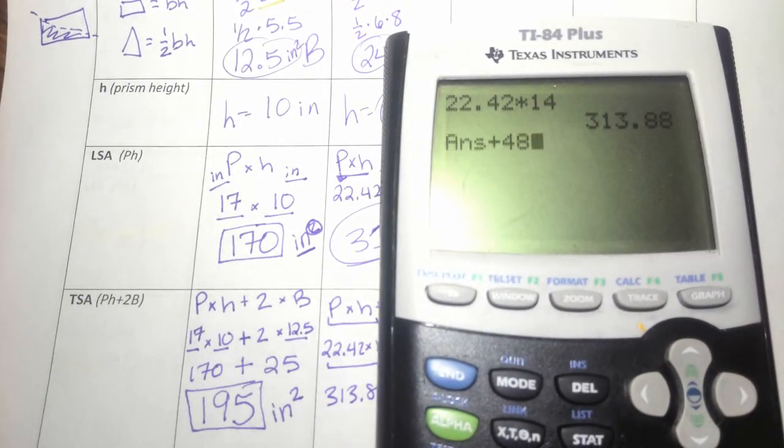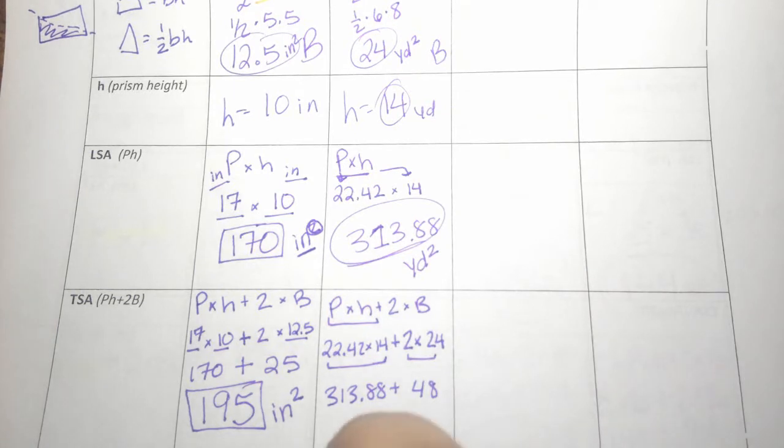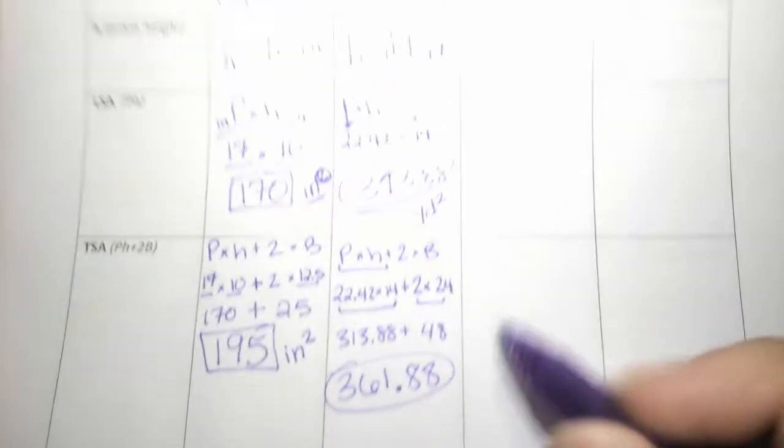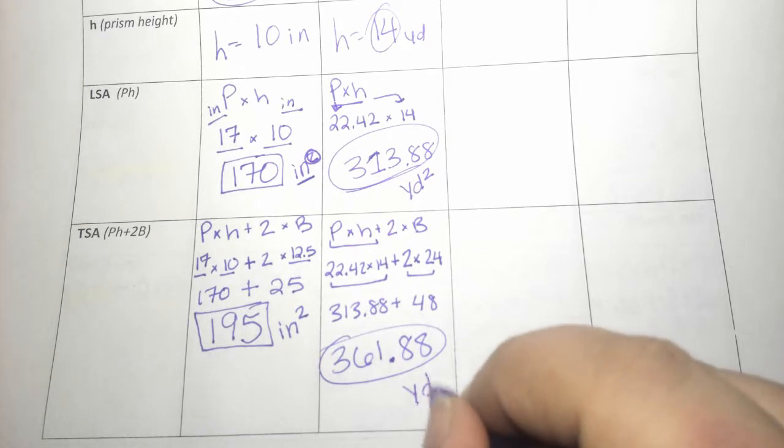Added together, it's 361.88. This is still just measuring the area of every face, including the two bases. So we're still dealing with yards squared.